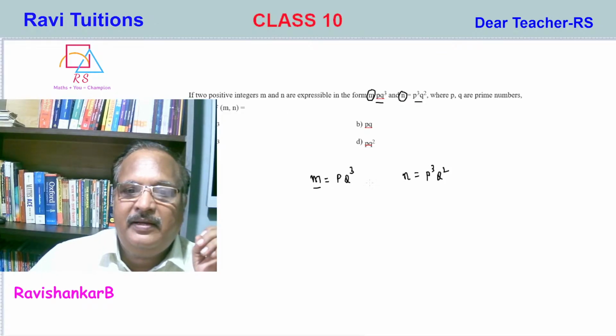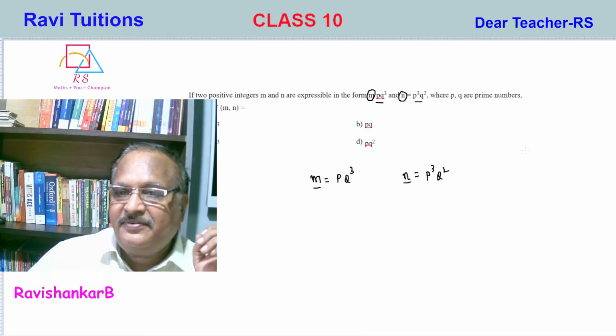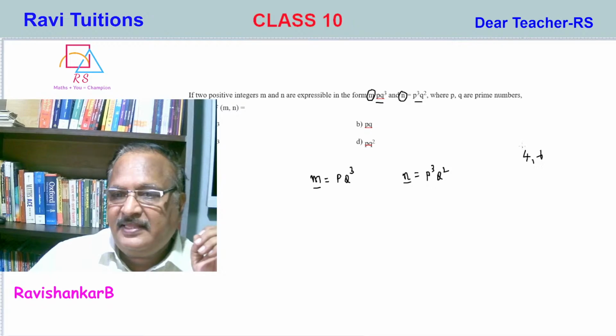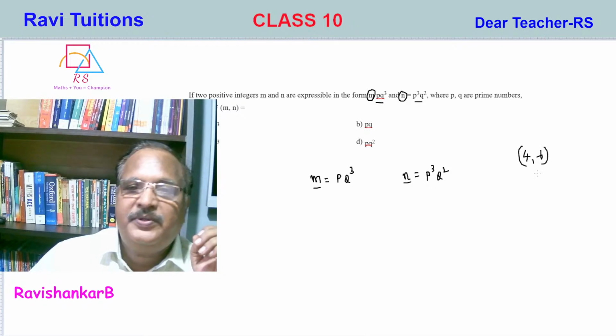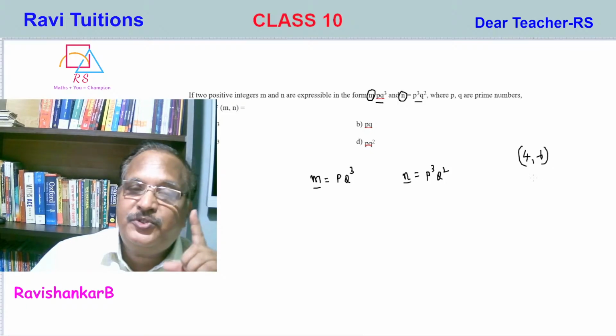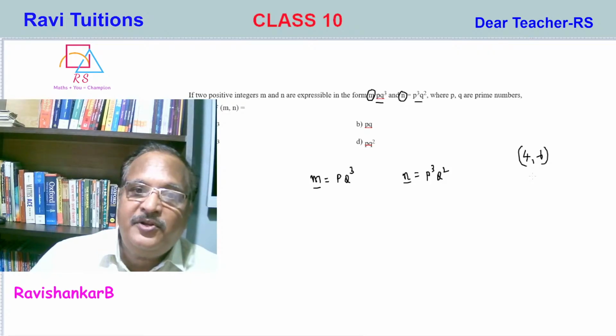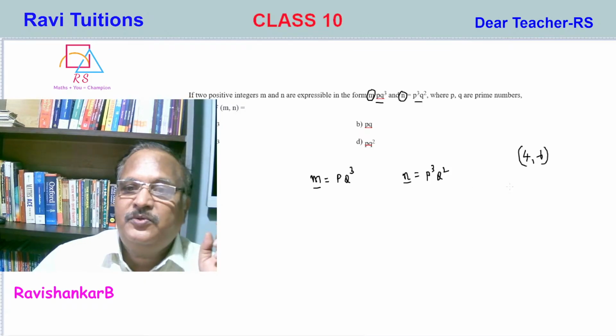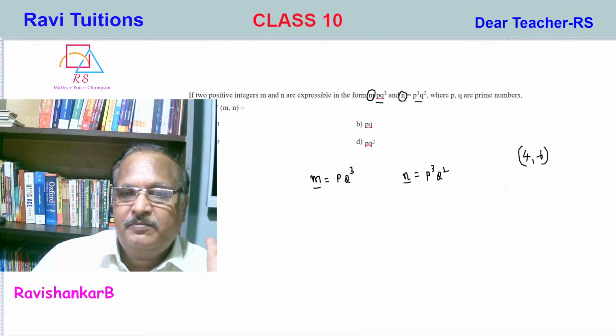You know the HCF of 4 and 6. Like that, if you have numericals, you can easily find the HCF. You should be able to find the HCF of non-numericals too. These are alphabets, and for this also the procedure is the same.